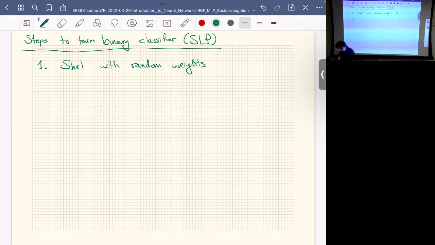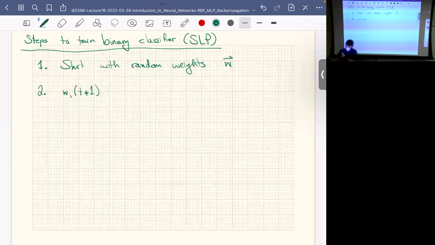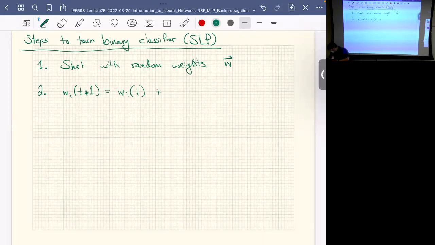And then two, we're just going to run a recurrence relation, or iterate, where for every weight, we'll run this expression: Wi at the next step of the training algorithm is the previous weight plus the dot product minus the desired output, and I'll write this in a second here, times the component.